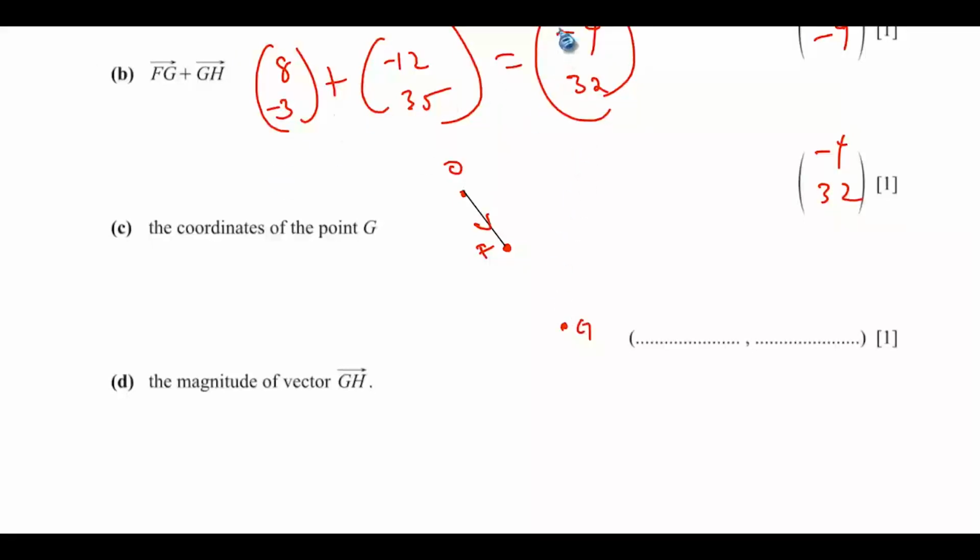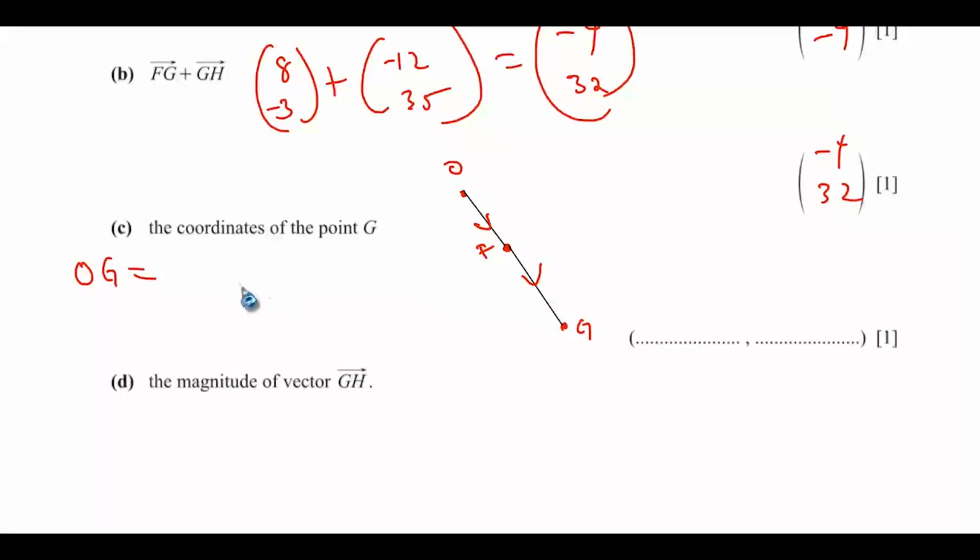That means we can join this to this on a straight line, so they'll be going towards the same direction. We want to get the coordinate of point G. Once we can get vector OG, it will make the work easier for us. Then we can easily get the coordinates of point G right away.